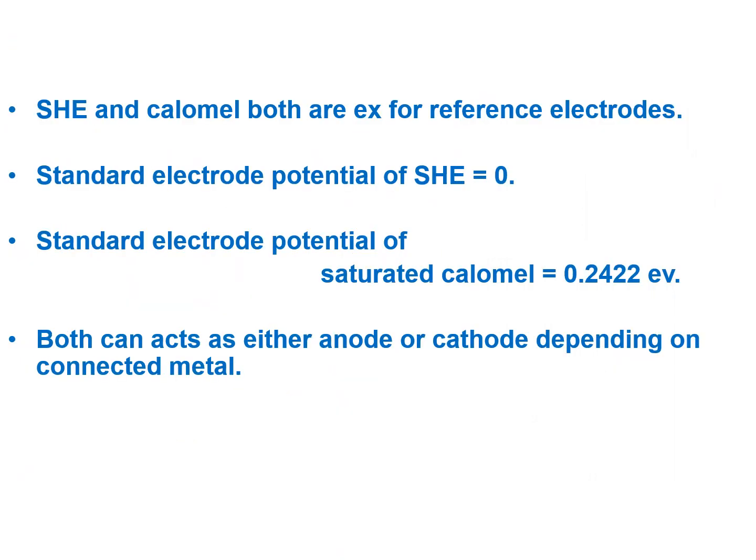And from the overall topic we can learn that SHE and calomel are both examples of reference electrodes. We can determine any other electrode potential by using these reference electrodes. The standard electrode potential of SHE is taken as 0. The standard electrode potential of saturated calomel is taken as 0.2422 volts.